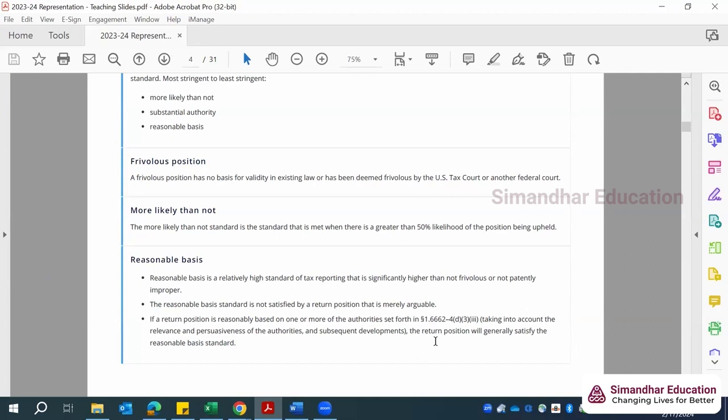Sometimes what happens is that the taxpayer will say that they have done a charity of $10,000. Now, as a tax return preparer, your responsibility is to prepare the tax return. But the ultimate responsibility to pay the taxes and to file the tax return is with the taxpayer itself. So let's say that the taxpayer tells you that he's done a charity of $10,000, and you keep asking for the receipts, you keep asking for some kind of proof that he has done the charity, but the taxpayer is not ready to give you any proof.